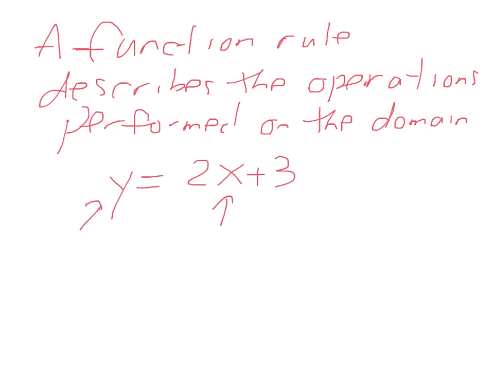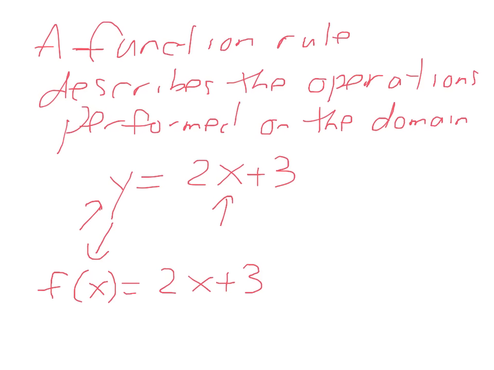But sometimes we don't like writing it like that, and we want to write it in what's called function notation. In function notation, we take the y and we replace it with f of x. So we write f of x equals 2x plus 3. And that is the function of x.